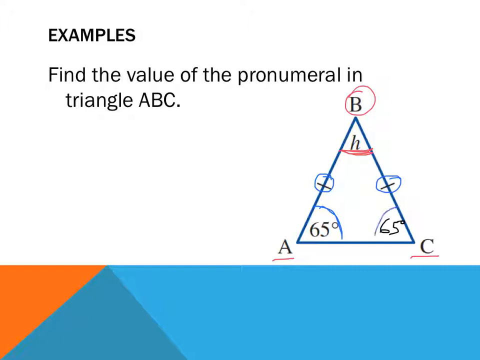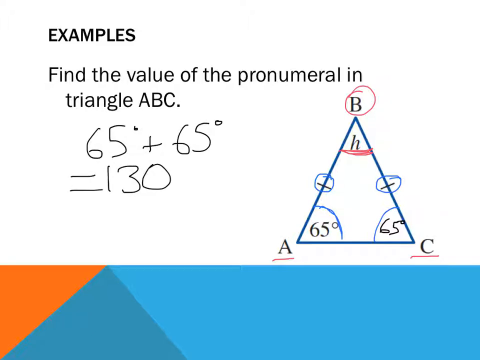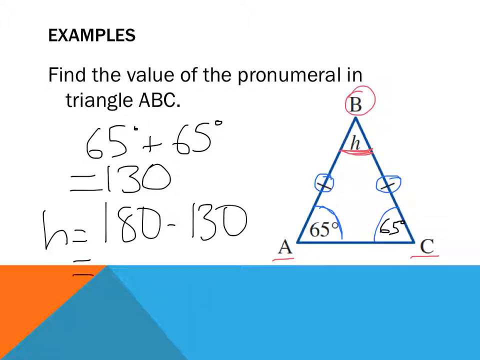So if that's 65 and that's 65, 65 degrees plus 65 degrees equals 130. Therefore, H equals 180 minus 130, which equals 50 degrees. That's how I can also use Euclid's understanding of interior angles to find pronumerals.